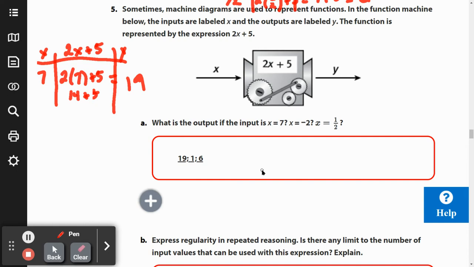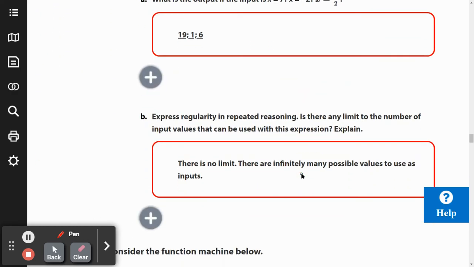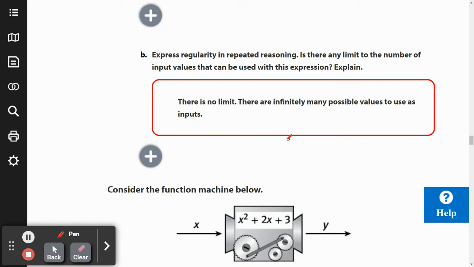There are infinitely many possible values that I can use as inputs. I can say x equals anything, right? And so there are infinitely many possible values to use as inputs.